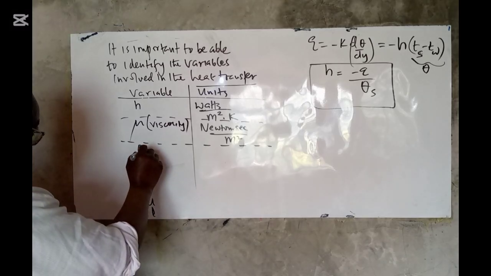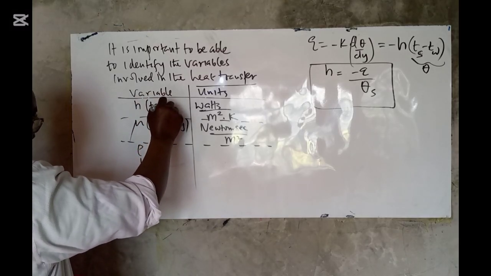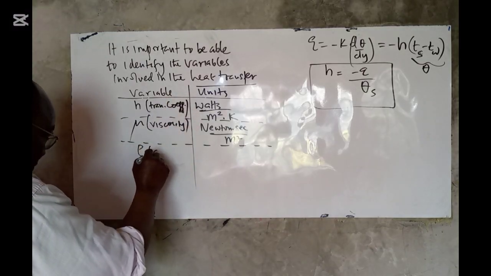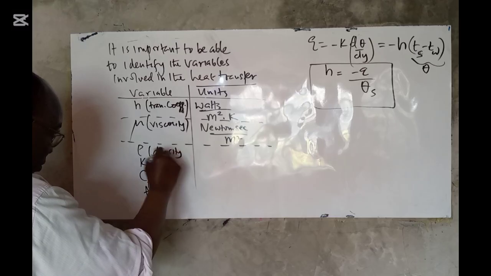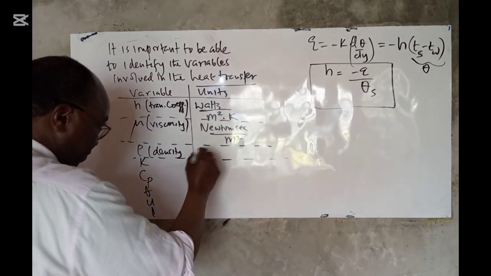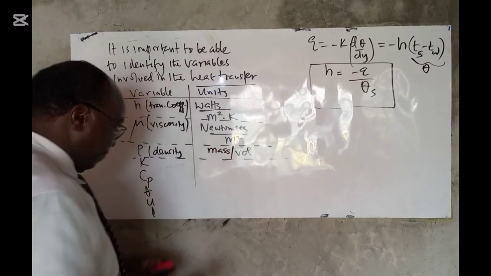This is density, and the units of density is mass over volume.